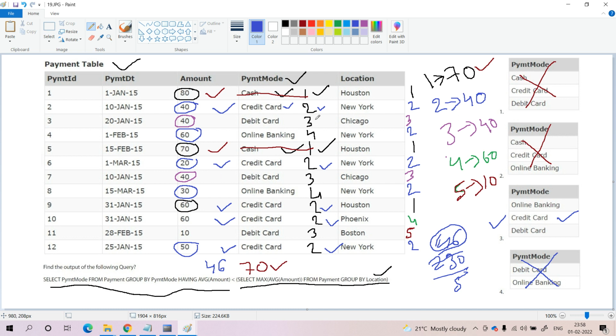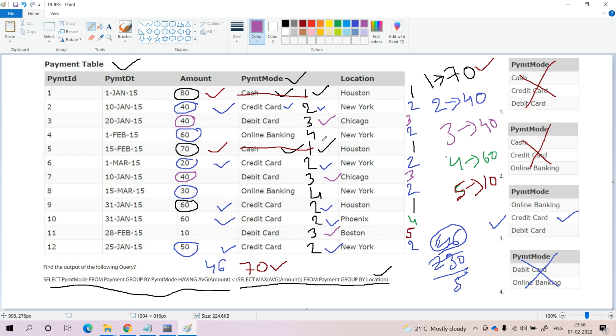Now let me take the remaining two methodologies also. Debit card. Now debit card is occurring 1, 2, 3, so it is occurring 3 times.